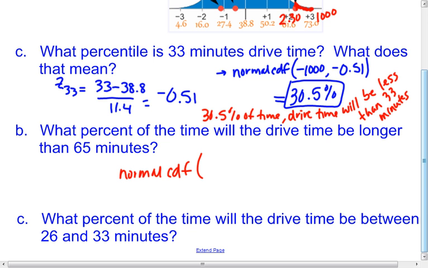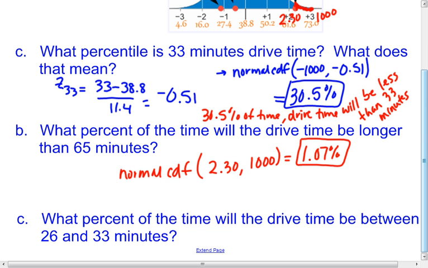You need to tell me that you're going to do normal CDF. The left edge z-score was 2.3. The right edge z-score, I'm going to use 1,000. And my calculator spits out 1.07%. Okay. And again, that means that 1.07% of all drive times are going to be longer than 65 minutes.